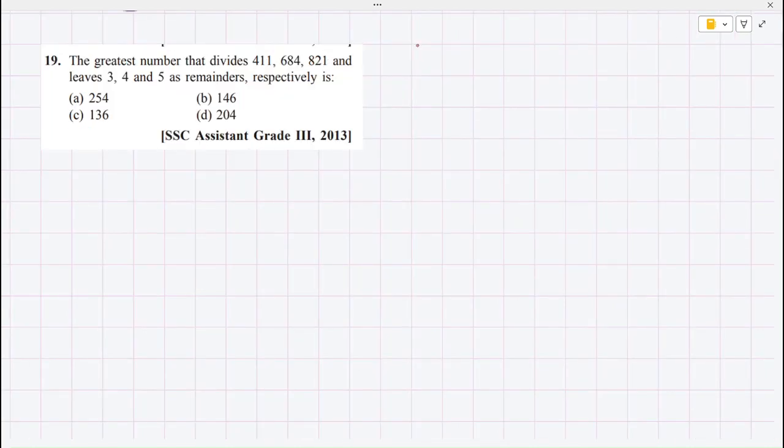Reading the next question: the greatest number that divides 411, 684 and 821 and leaves 3, 4 and 5 as remainders respectively is. So basically they are asking for the greatest number that divides, which means that this particular question is an HCF question.